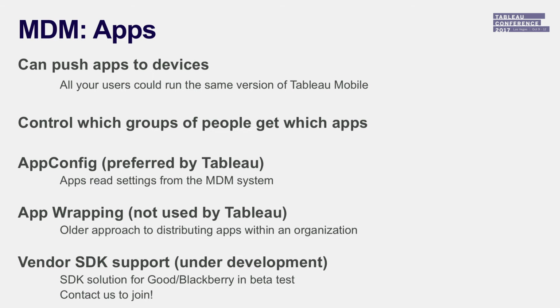And we can announce that we've got integration with the Good Dynamics or BlackBerry system in beta right now. And so if you're a company that has that in your corporate environment, it's a good opportunity to get into our beta program and help us work out the last few issues in getting that available to everyone. And we're working with some other SDK solutions as well.